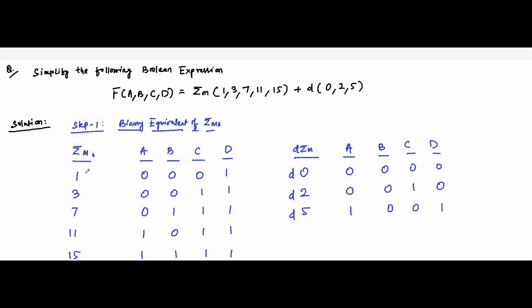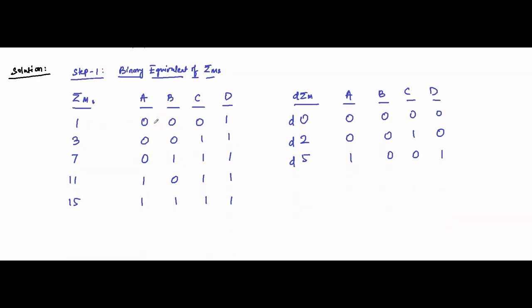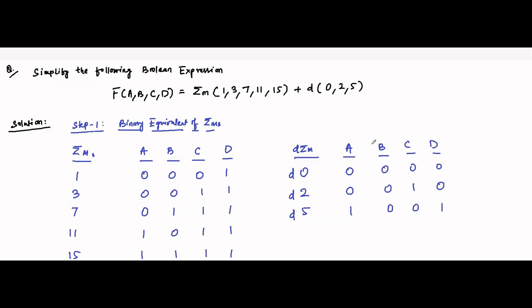So we have the minterms, we have determined their binary equivalents, and then the don't care terms. Please always remember to put a D before the don't care values so that you know that they are under the don't care minterm bracket.